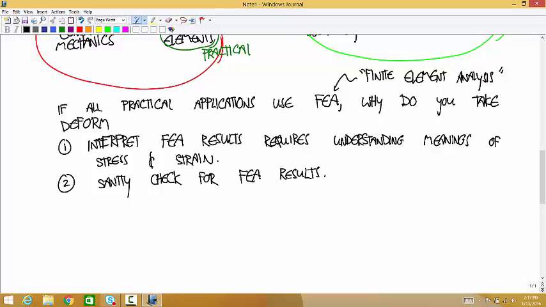But we can use our techniques to come up with an approximation with a geometry close enough to the real geometry that we can do a hand calculation and make sure we're not making some mistake in our finite element model. You know what I mean? So those are really the two outcomes that we want from this class.